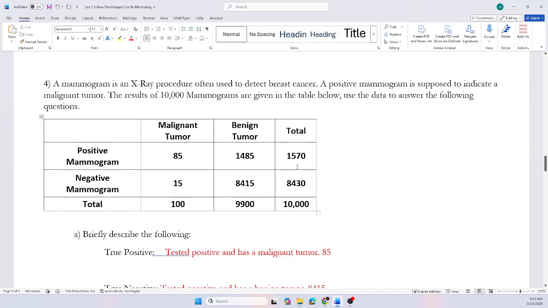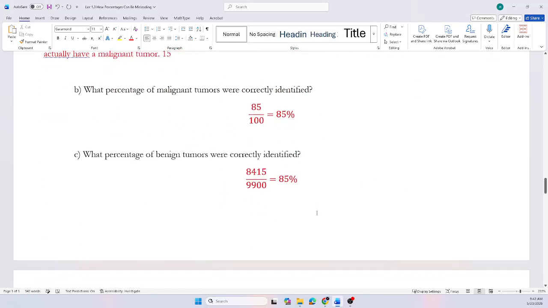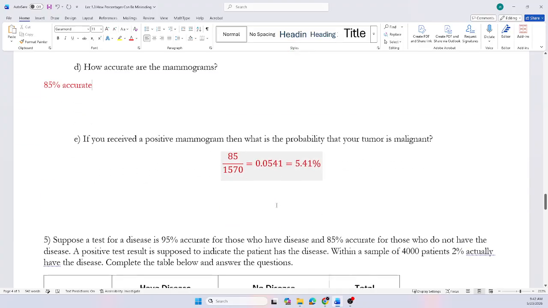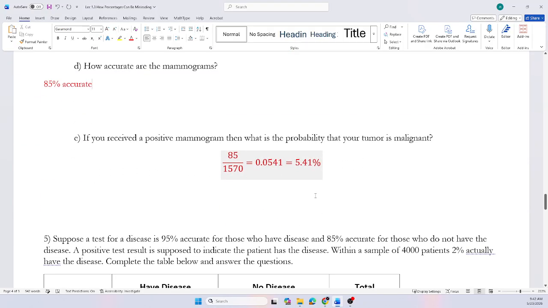So that's going to cause a huge skew in the probability. This is why you can have a test that's 85% accurate, but results in a 5% probability of actually having a malignant tumor. And this is well known, right? This isn't unknown in the medical and scientific community. So there's actually a theorem in probability called Bayes' theorem that addresses this. You'll watch a short video on it.